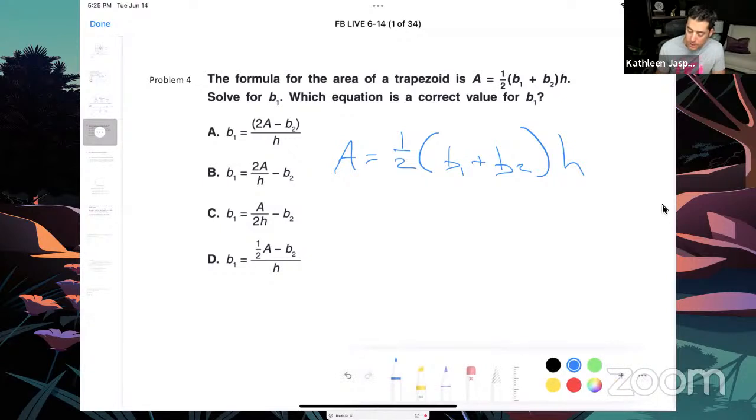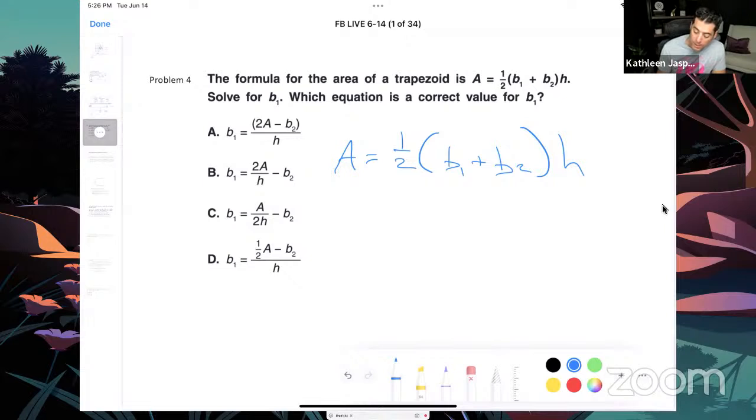The first thing you can do is you can get rid of this 1/2. So how do you get rid of 1/2? Well, in order to get rid of it, because it's 1/2, multiplying by the value, you would divide by 1/2. Dividing by 1/2 is the same as multiplying by 2.